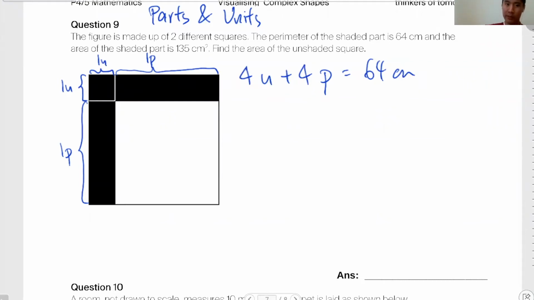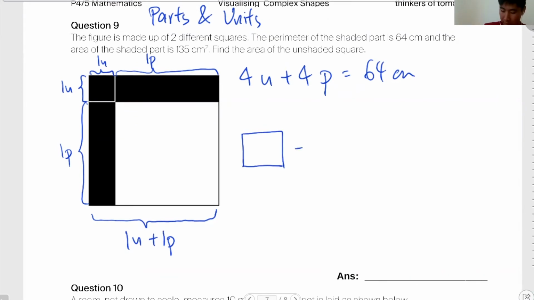Now, the next thing is this. Okay, I want to find the length of the big square. If you realize over here is made up of 1 unit plus 1 part. Okay, before I find unshaded square, I'm going to take big square minus, this is the formula.